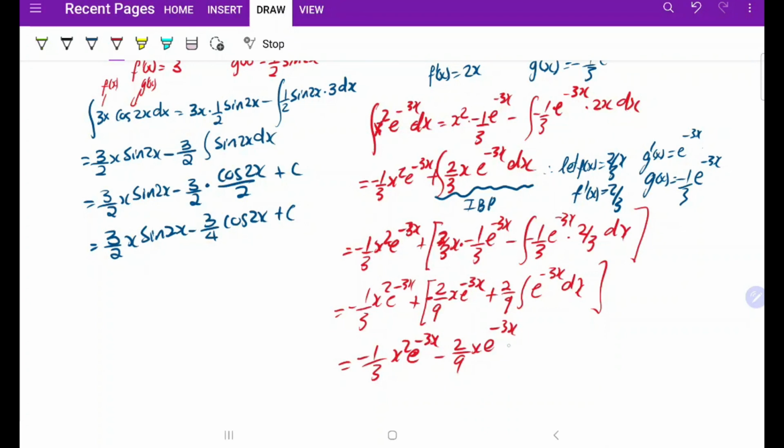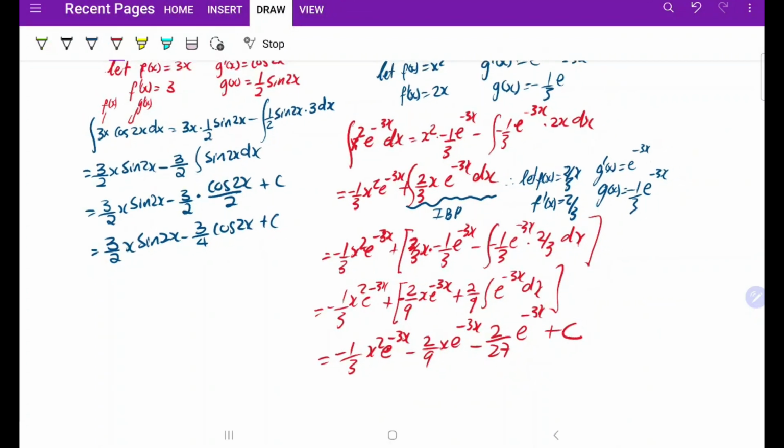Again, I think this last part will be a minus again. This will be a minus. If you do the math, this becomes 2 over 27, and this becomes e to the minus 3x plus c. And yeah, that is it.